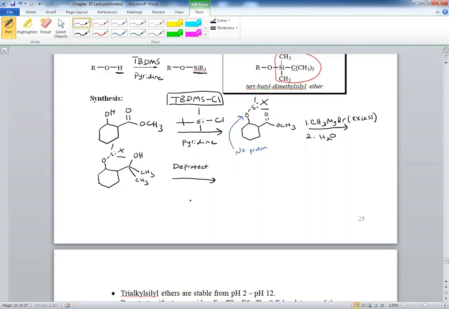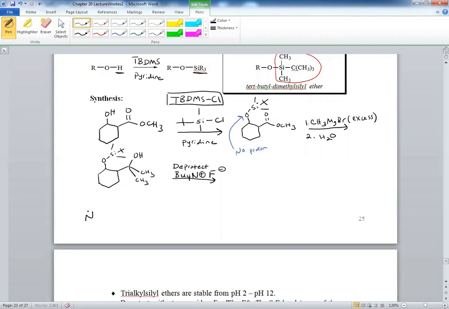So to deprotect, we use four butyl groups attached to N. So that's an ammonium, and fluoride ion. So this structure looks like this, in case you're wondering.